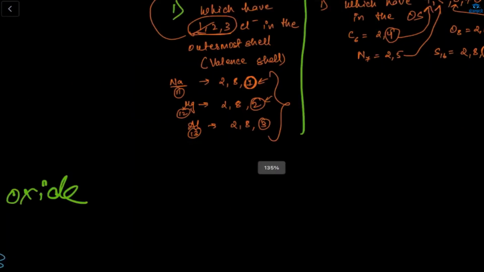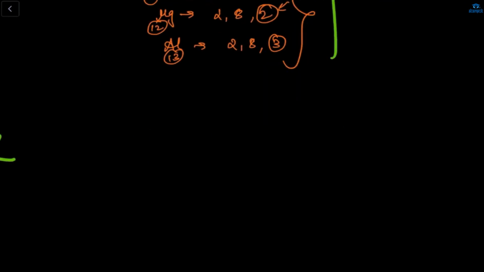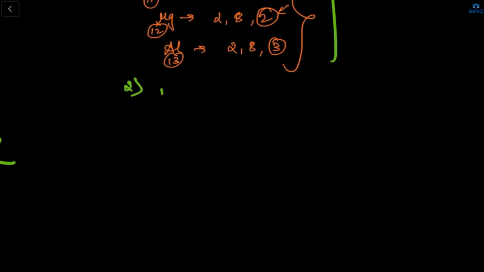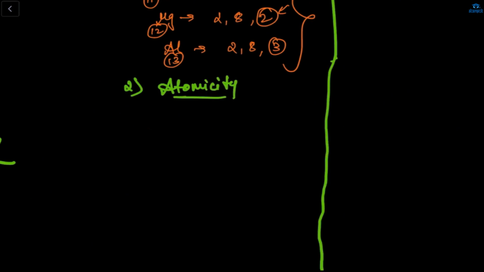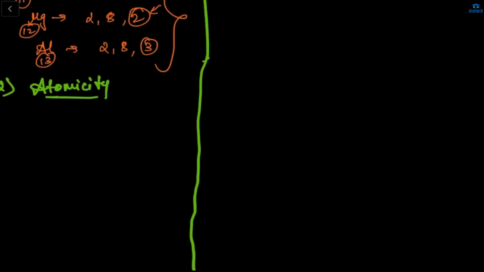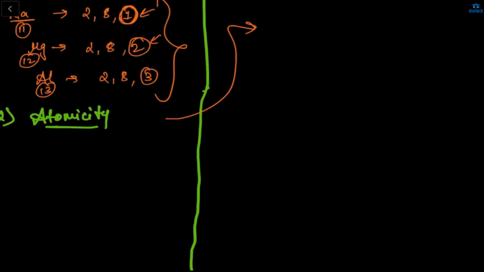And the very main point is atomicity. What is atomicity? In non-metals, we always write Cl2, N2 or O2. We never write Cl or O, right?